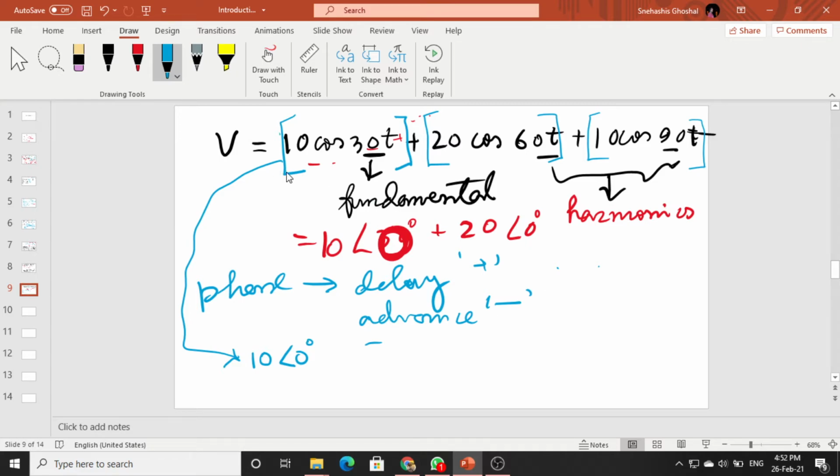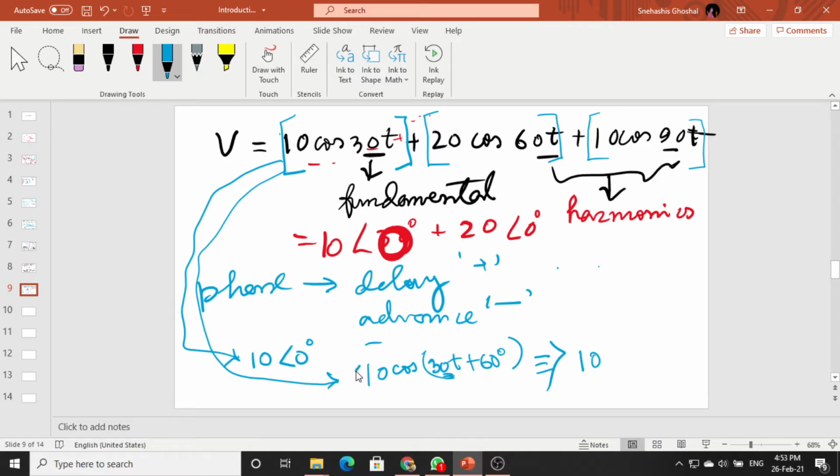Now, suppose I have one signal 10 cos(30t plus 60 degrees). I can represent that signal as a phasor because the frequency is the same.